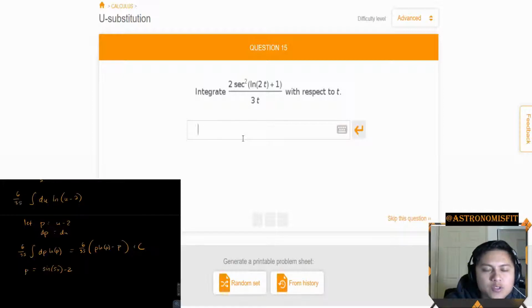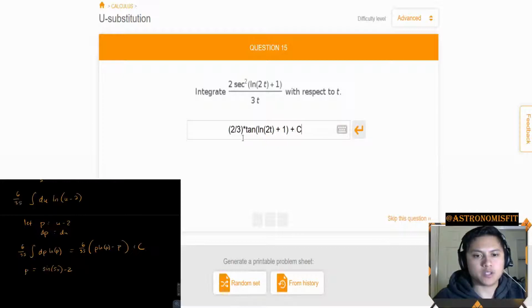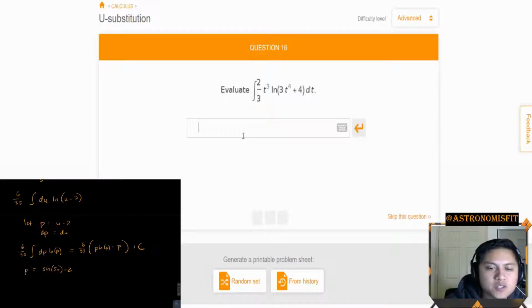So I think the 2/3 is going to stay on the outside. 2/3 times tangent of log 2t plus 1, because essentially we're just doing the integral of secant squared, plus a constant. Nice. And that is the 15th integral I've just done.